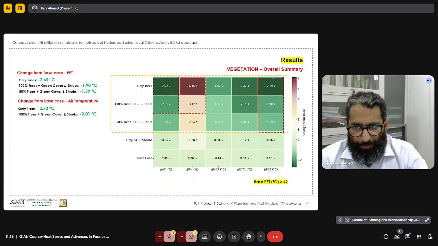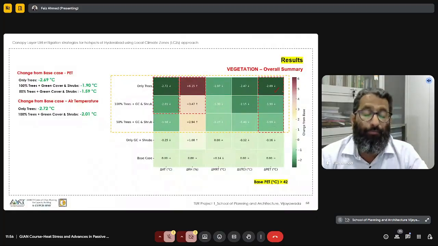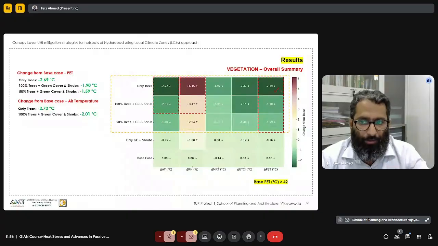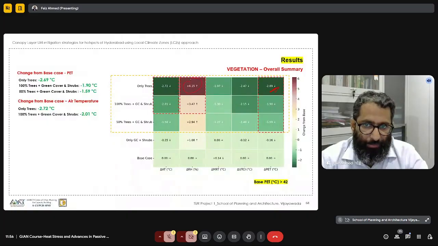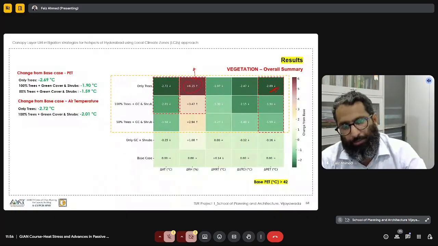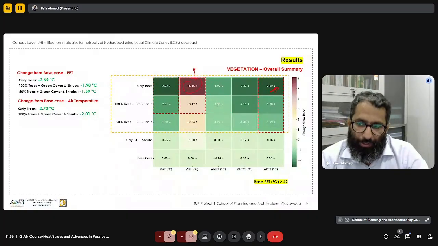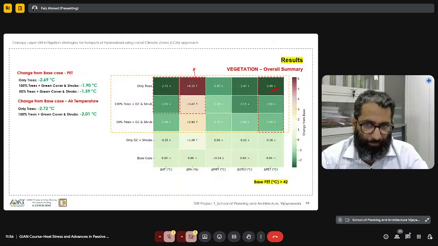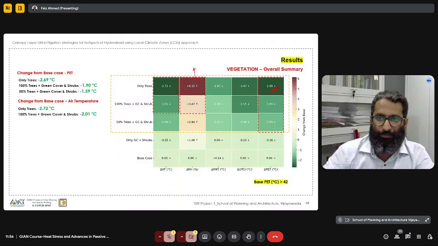So if you see here, if you go by only trees, we can improve. We were able to find from the simulation results that there's an improvement in PET value by about 2.5 degrees Celsius, and also you can see there's an increase in RH value, which is also required in case of Hyderabad, particularly during the summer months.